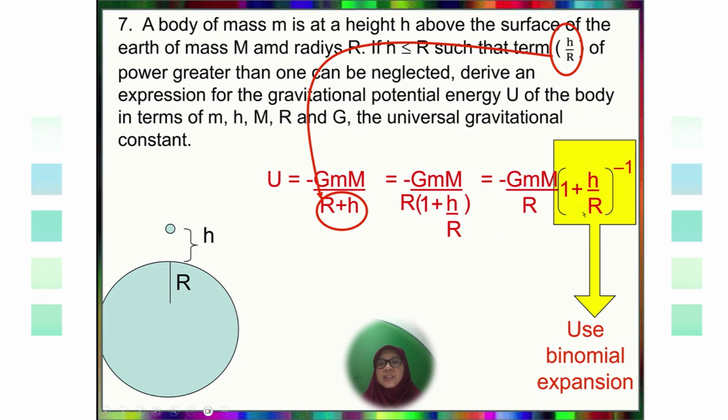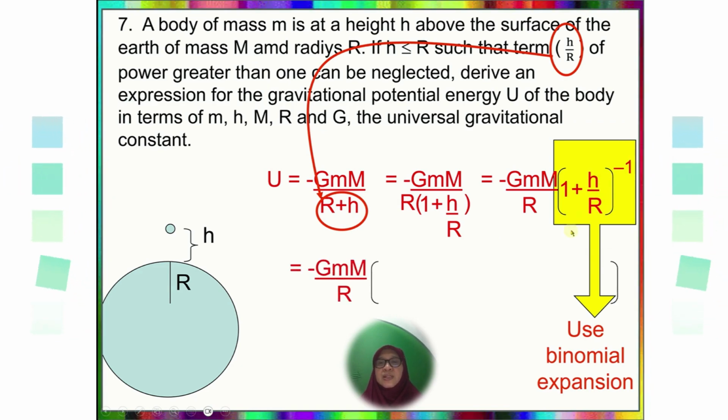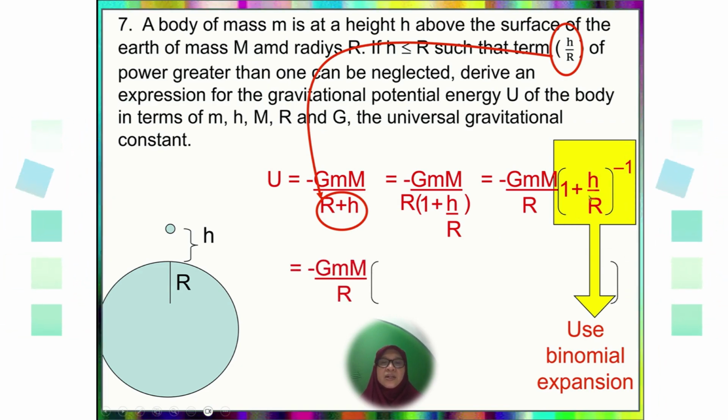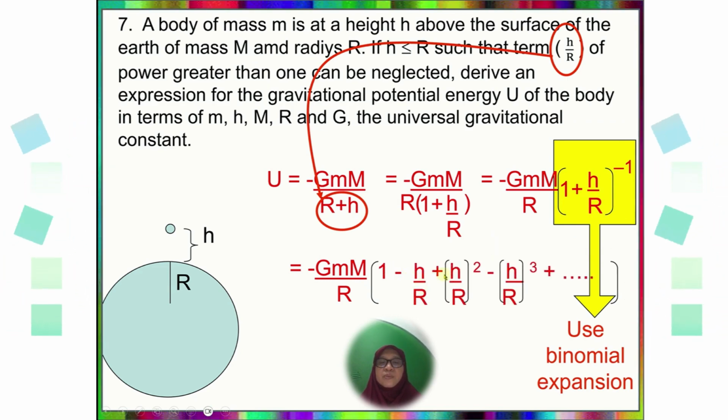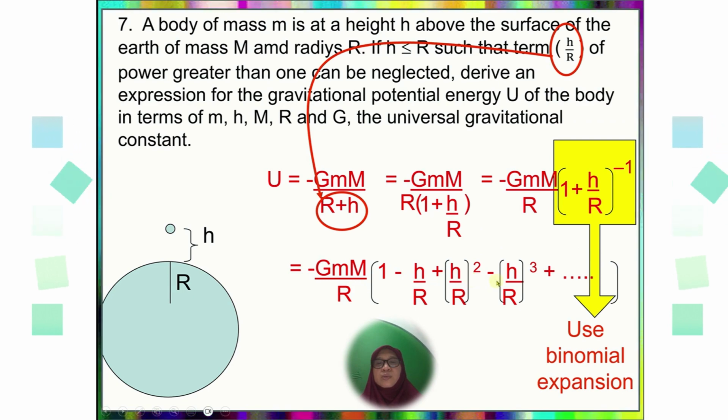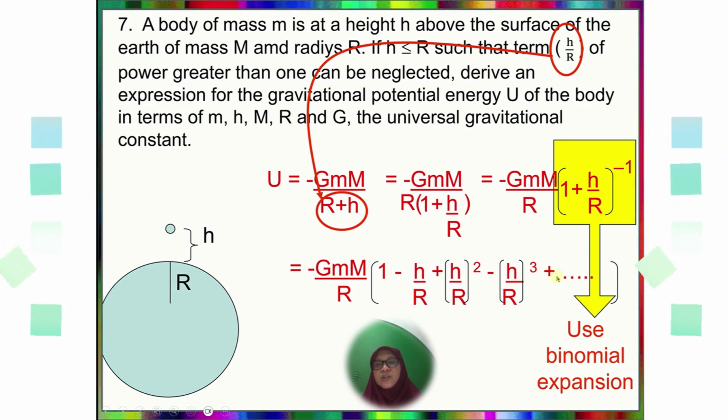So this we use binomial expansion. Okay, so this becomes 1 minus h over R plus bracket h over R squared minus bracket h over R cubed plus dot dot dot.